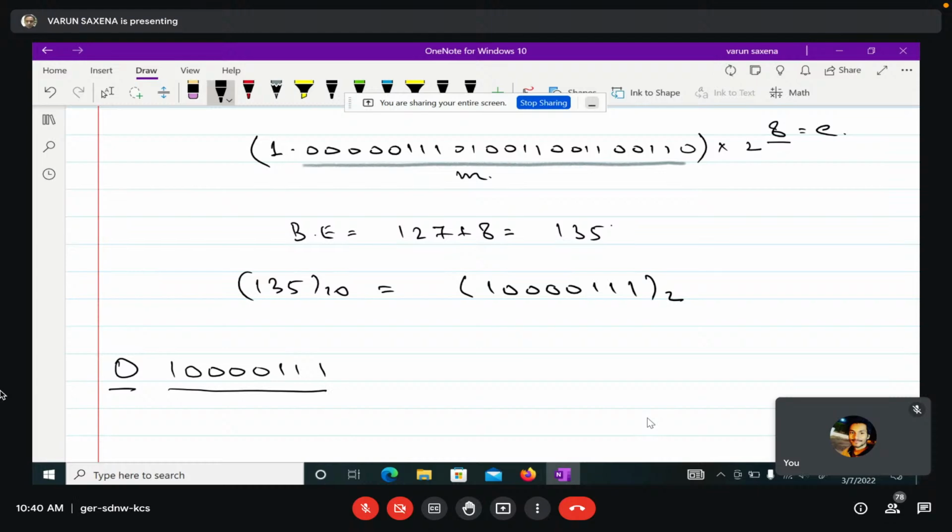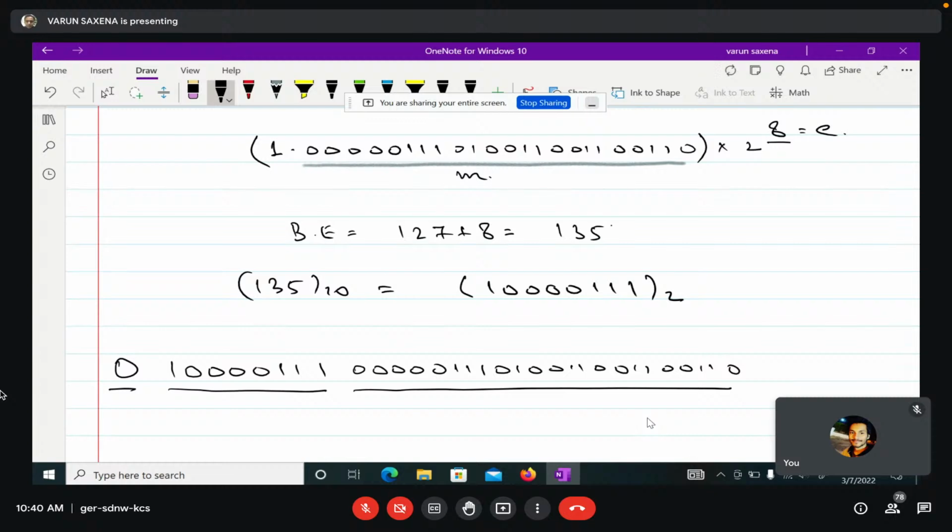And then you have the entire Mantissa: 0 0 0 0 0 1 0 1 1 1 0 1 0 0 1 1 0 0 1 0 0 1 0. This is the answer. So that's it. This is how you will store a recurring number.